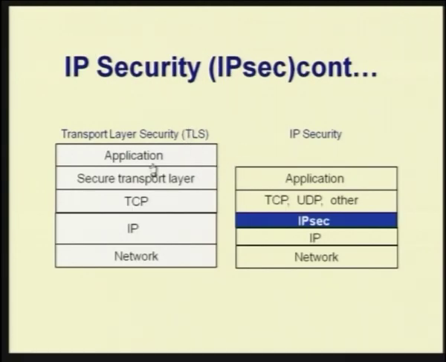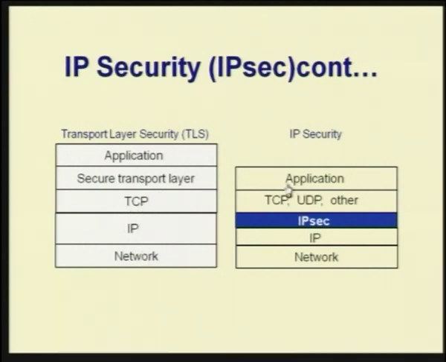Now, if you look at where the IPsec lies in our layered model, I am just comparing TLS based security and IP security. In TLS based security, you have application, then you have the secure transport layer, then TCP, IP and the network, right.